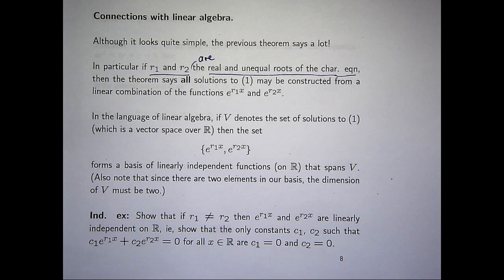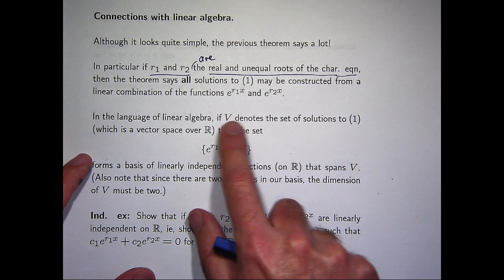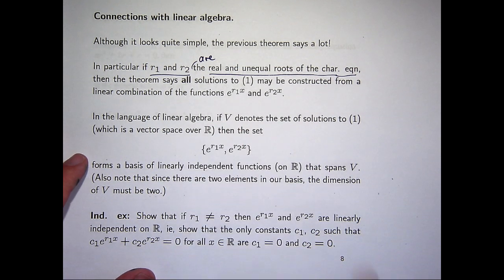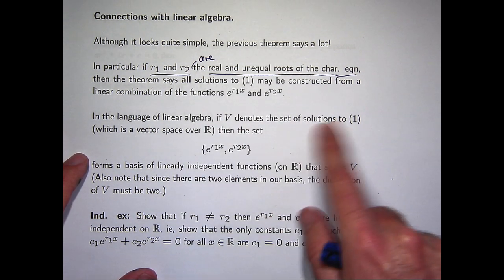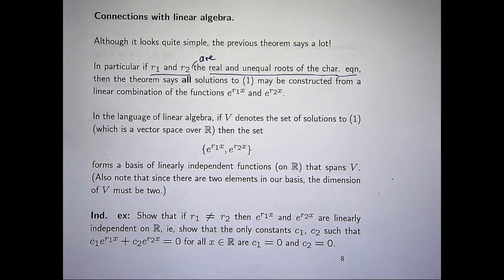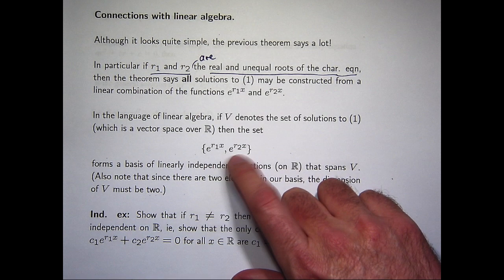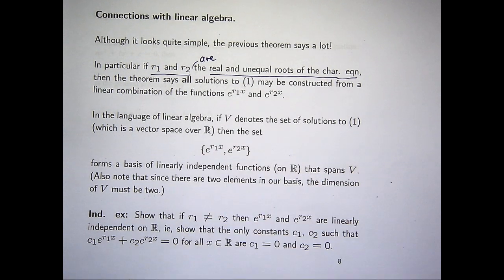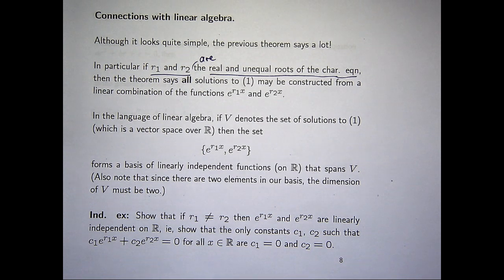That's very powerful. Now, if you remember some linear algebra from first year, suppose V is just the set of functions that are solutions to the problem under consideration. That's a vector space. And this set here forms a basis of linearly independent functions that spans the solution space. So what does that mean?